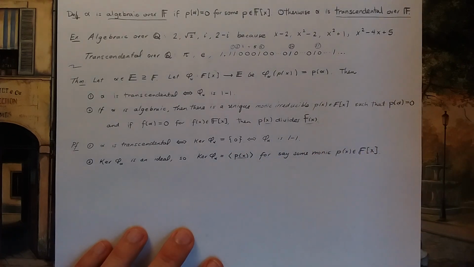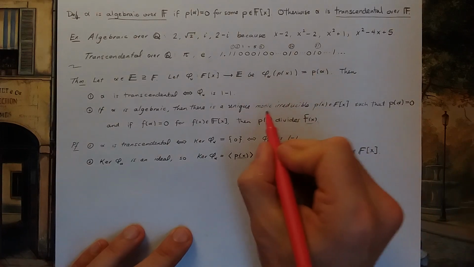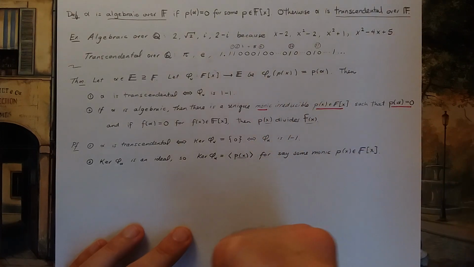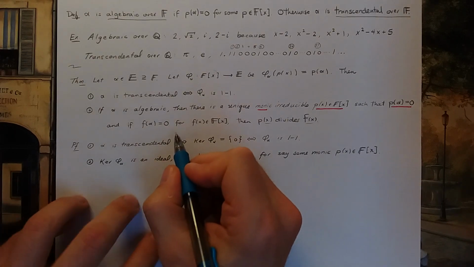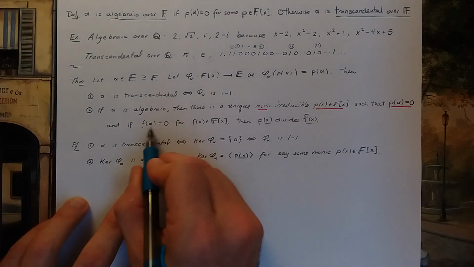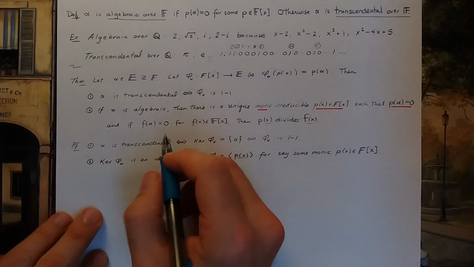So here, let's see what I've proved so far. I have a monic polynomial that has this condition. So let me next prove that p of x divides any other polynomial f that satisfies alpha being a root.